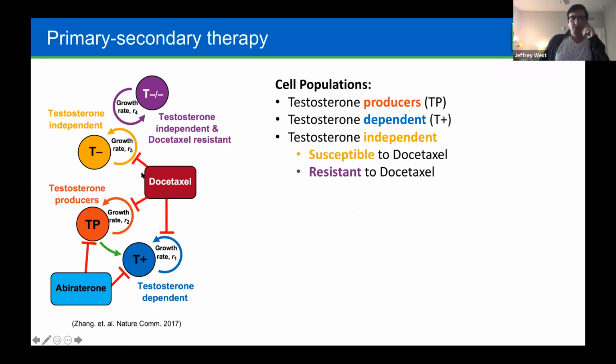We want to consider resistance to docetaxel as well. Each of these three populations could have a resistant compartment to docetaxel, but we're ignoring the resistance to docetaxel in these two compartments just because we can target those with abiraterone later. So we're only considering the doubly resistant phenotype, which is resistant both to abiraterone and docetaxel.